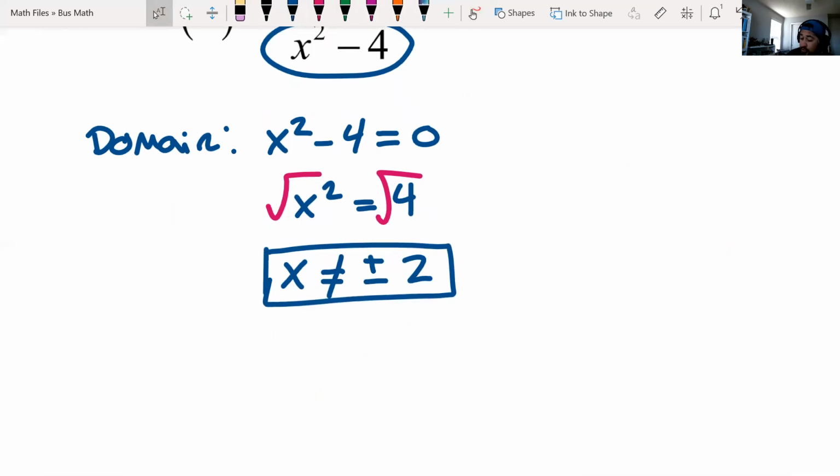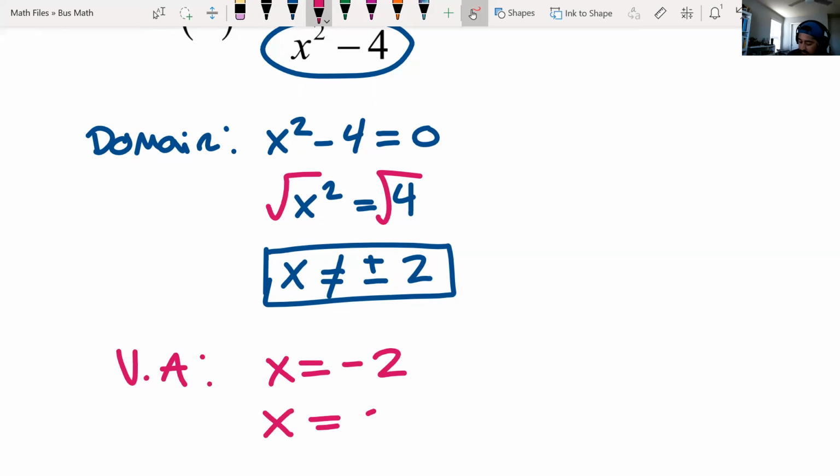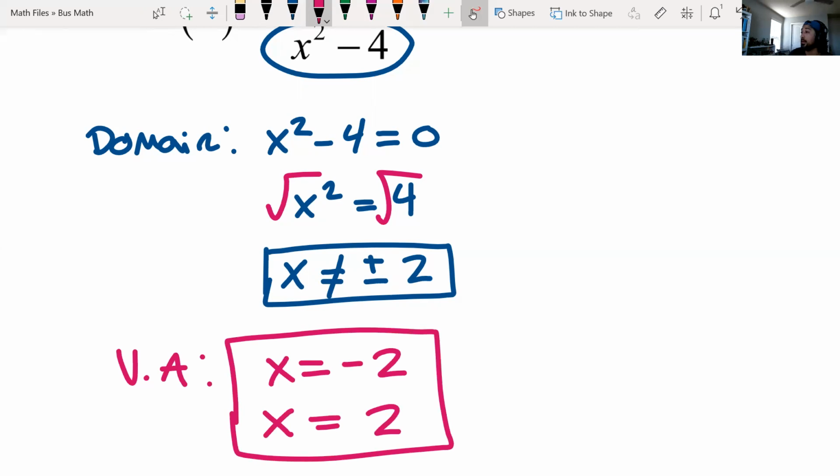And if you have your domain, here's the easy money. You have your vertical asymptotes. My vertical asymptotes are going to be x equals -2 and x equals 2. Easy money. If you have your domain, you have your vertical asymptotes, and they come from the denominator of your function.